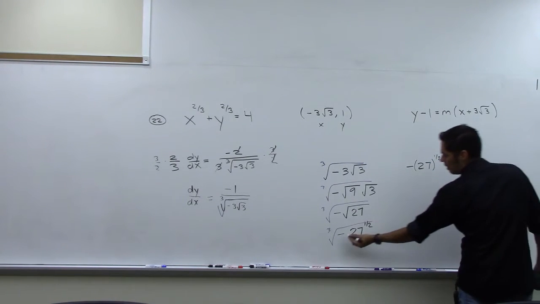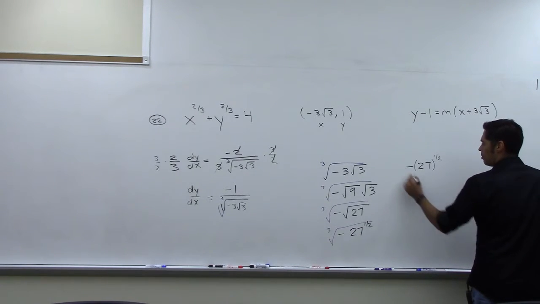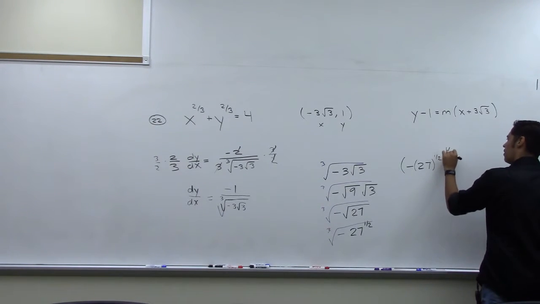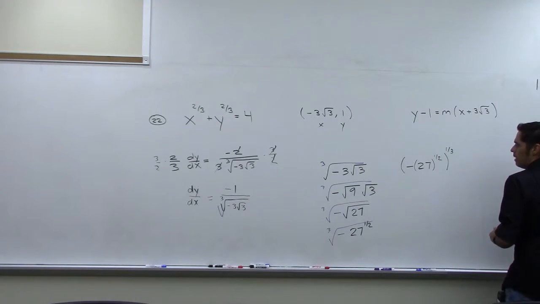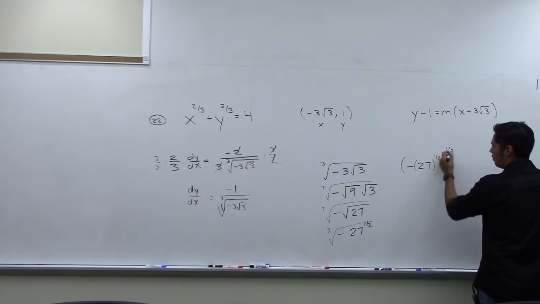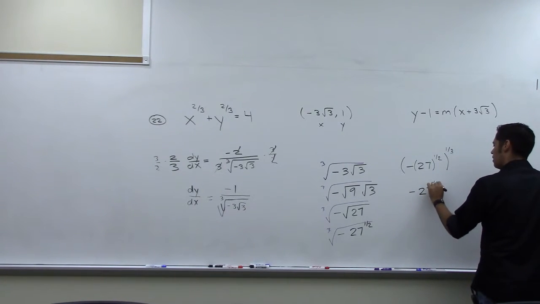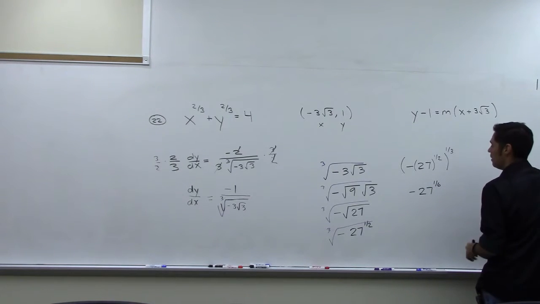The negative is not raised to the 1/2, it's just the 27. And then I'm doing all of that to the 1/3. And there are many different ways you could look at this. If I multiply those two exponents, I get 1/6. So negative 27 to the 1/6, that would be an answer.